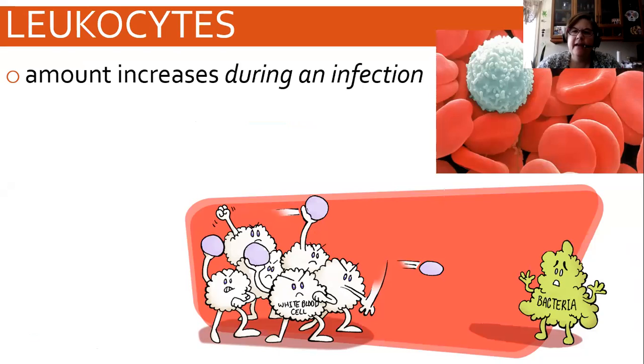So when we have an infection, our white blood cell concentration actually goes up. So I told you when my youngest boy, or oldest boy rather, was 15 months old, he had to get a spinal tap. They thought he had an infection in his spinal cord area called meningitis.